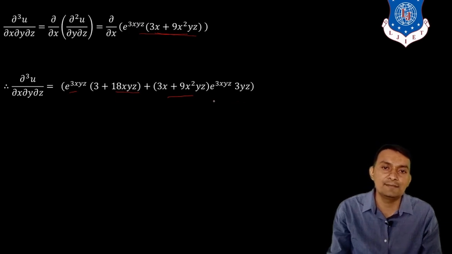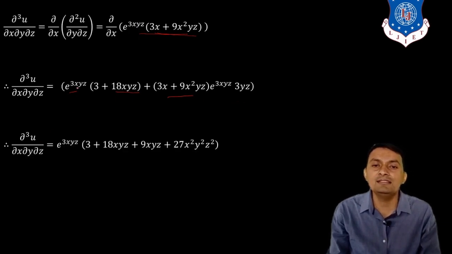3yz. But whenever you simplify, if you take e raised to 3xyz common, what are you going to get? 3 times (18xyz plus this is 3yz into 3x, so it is going to be 9xyz, and this is going to be 3 into 9, that is 27 x square y square z square).